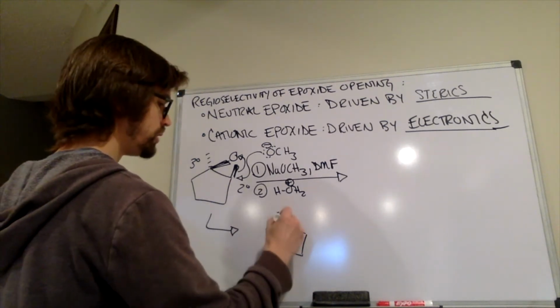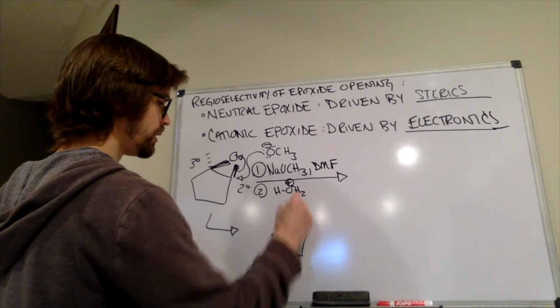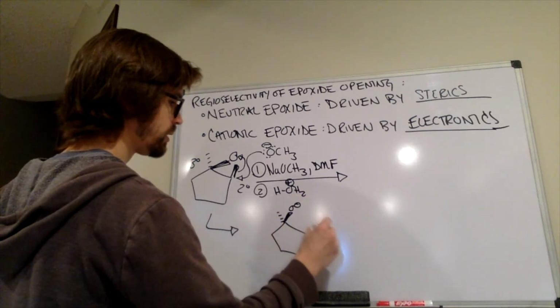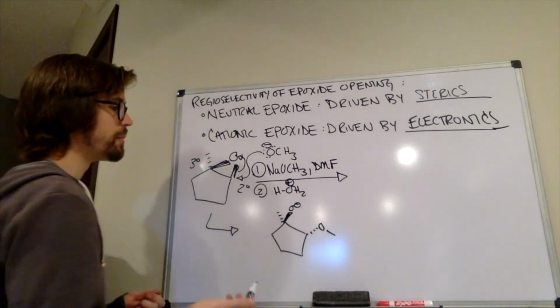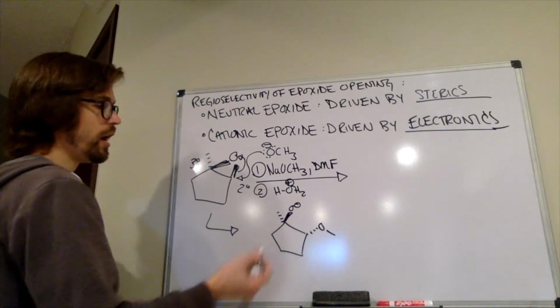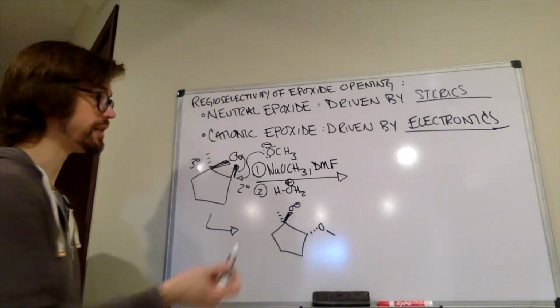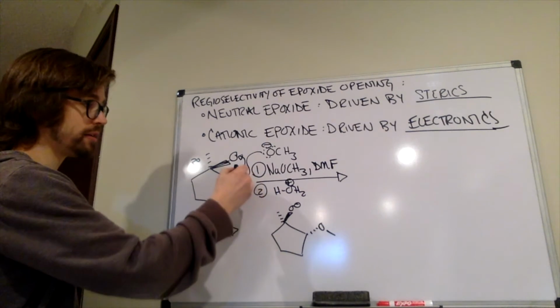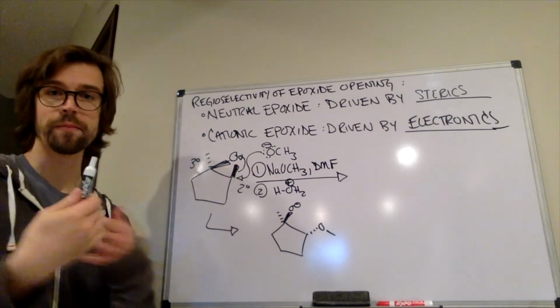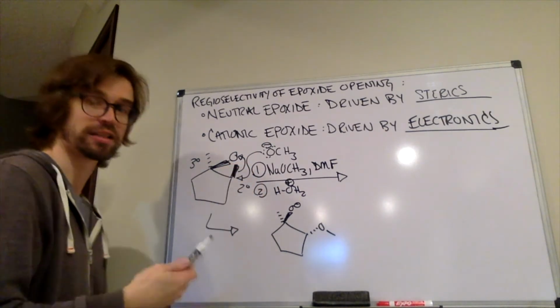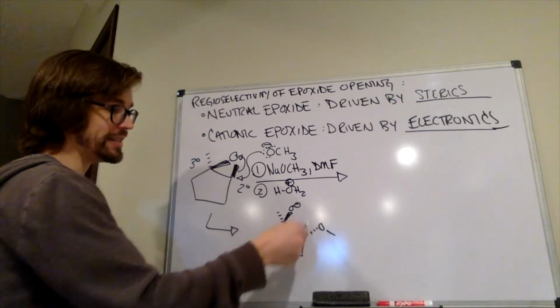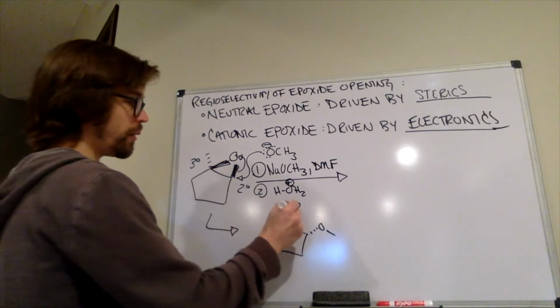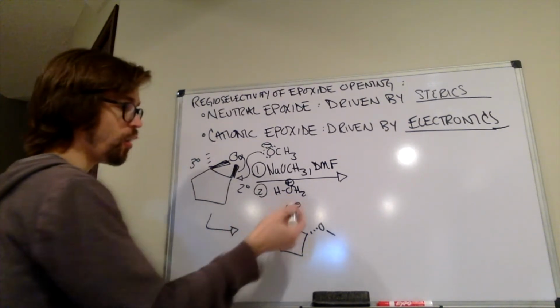which generates this intermediate. I'm just putting a line to the methyl instead of writing OCH3. An important point here is that OCH3 added to this carbon, to the antibonding orbital on the back side. That's why we have this now as a dash instead of a wedge. We have this basic O minus.